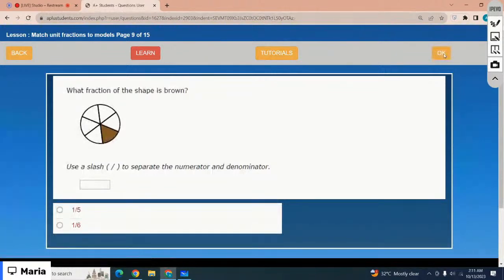What fraction of the shape is brown? Which is the correct option?